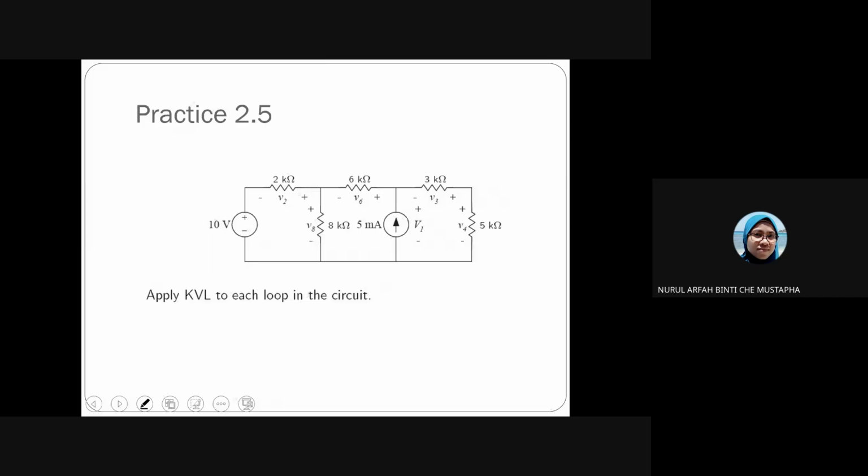Okay, this one. Apply KVL to each loop in the circuit. We have one or maybe more. You can have loop number one here. We have two, so three. And later on, I'll give you loop number four, number six. And we try.